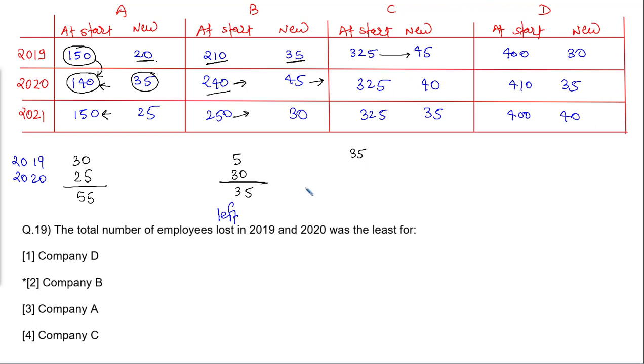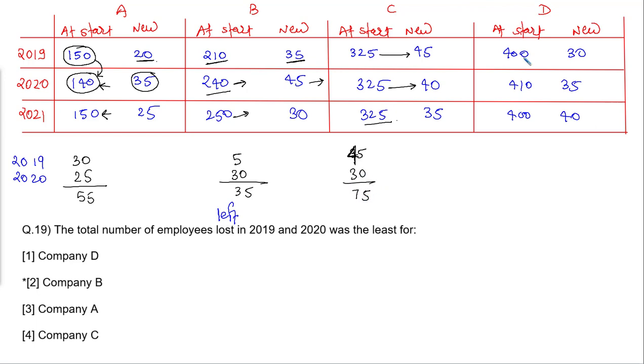Hold on, let me check this calculation. Over here 325 plus 45 is 370. 370 minus 325 is 45. 45 left the company in the year 2019. In the year 2020 it is 325 plus 40, that is 365 minus 325, that is equal to 30, means total 75 employees left.